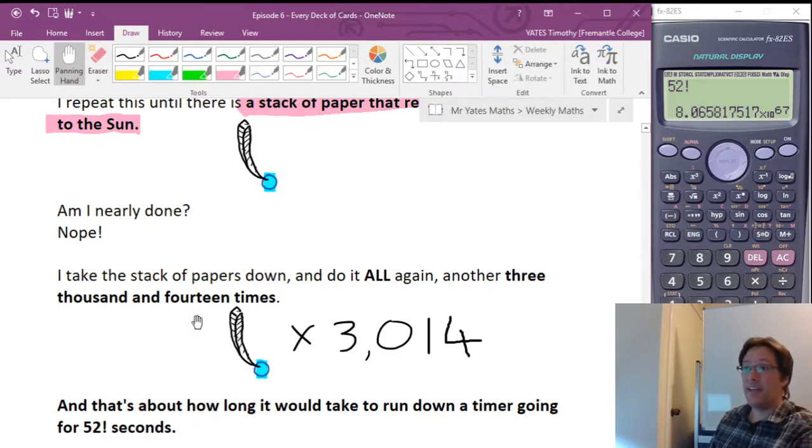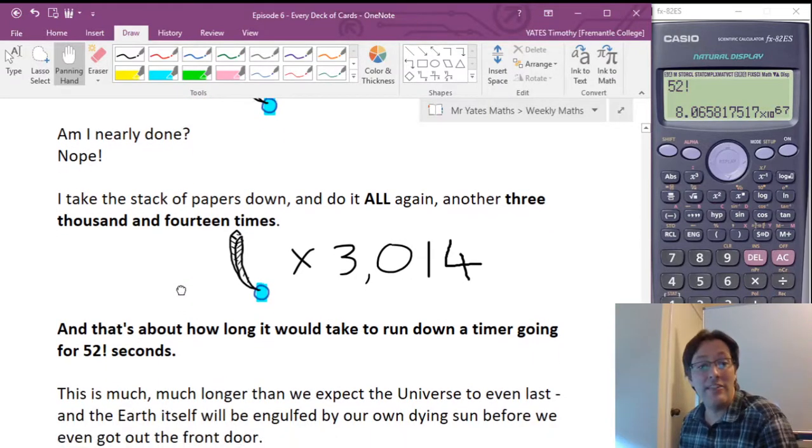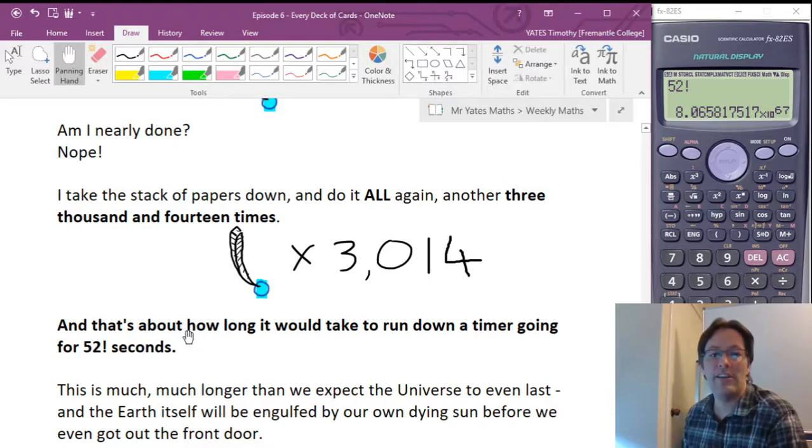It's really hard to get across exactly how large this number really is. And this number of seconds is much, much longer than we expect the universe to even last. The Earth itself will be engulfed by our own dying sun before we even got out the front door, because that's going to happen, I think, in about 5 billion years, and that's about 5 steps.